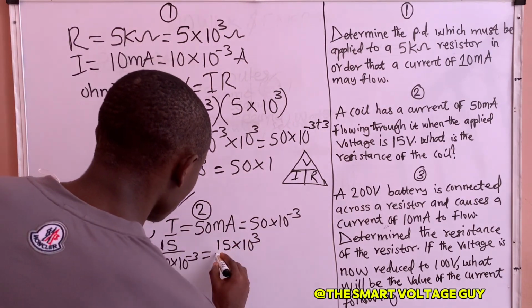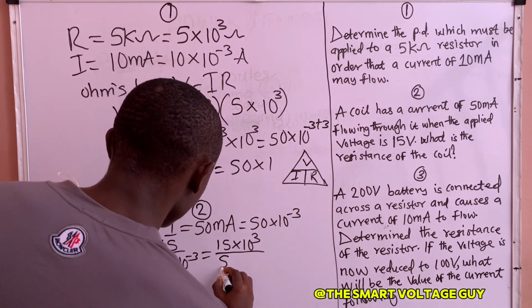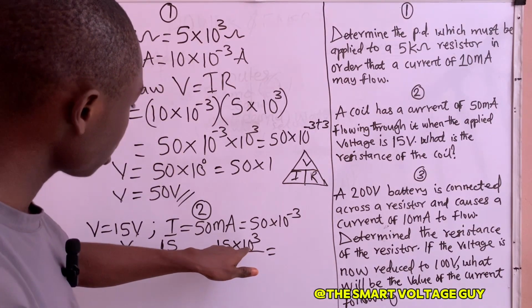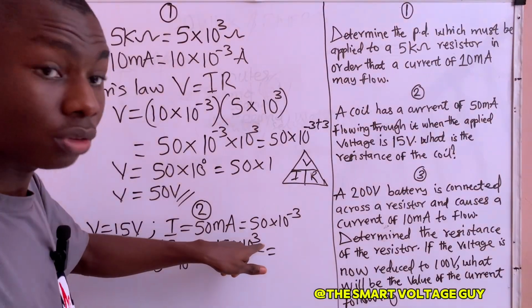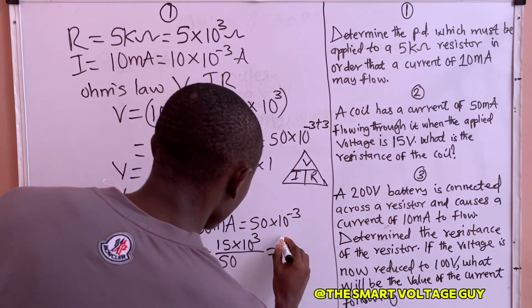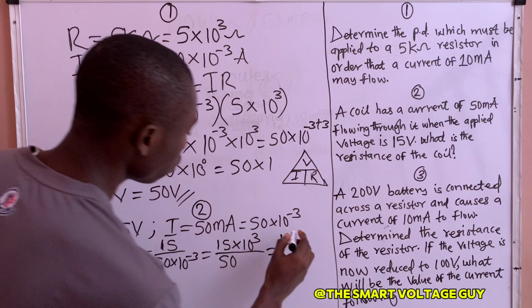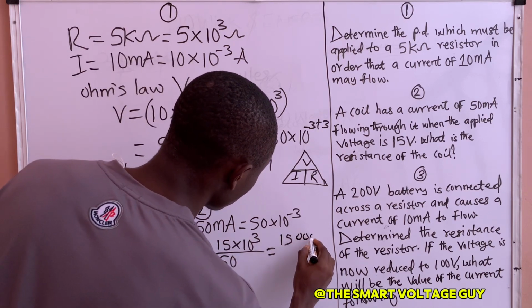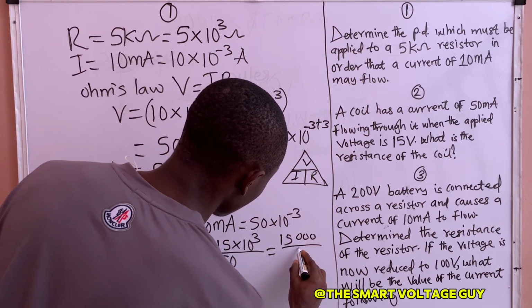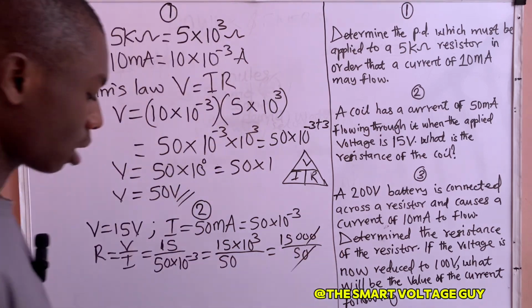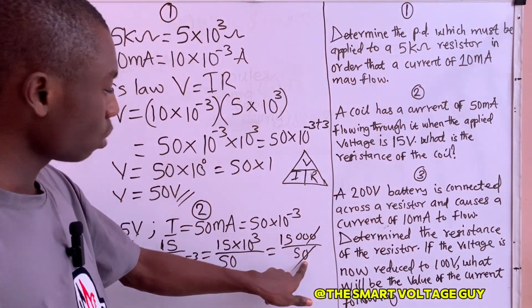So it will be all over 50, which is the same thing as 15 times 10 raised to power 3. We are going to add 3 zeros to 15, which will be 15,000, divided by 50. So therefore, 0 will take away 0.